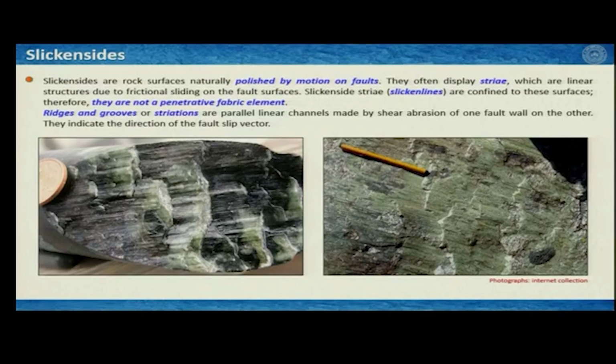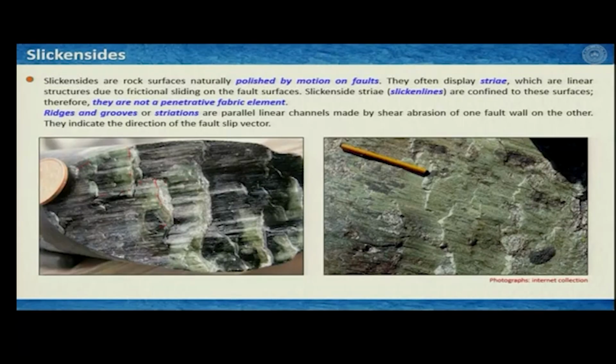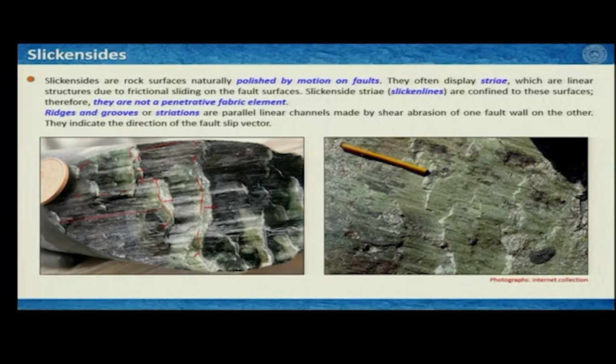For example, if we see here, we see that these are different planes. So, this is one plane, then this is another plane, this is another plane, and so on. So, successive steps are there, but these happened in a very narrow area, and you see these striations.